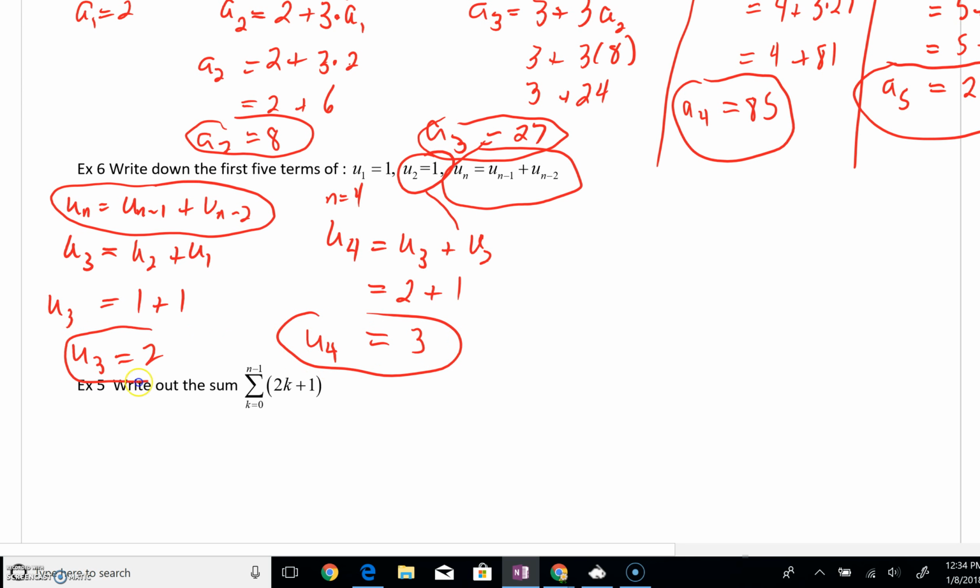Now what? Well, let's just go one more. We're supposed to go to our fifth term, U sub 5. U sub 5 would be U sub 4 plus U sub 3. What was U sub 4? You just found that a second ago. That's a 3. And U sub 3, we found that to be a 2. So what is U sub 5? U sub 5 is a 5.